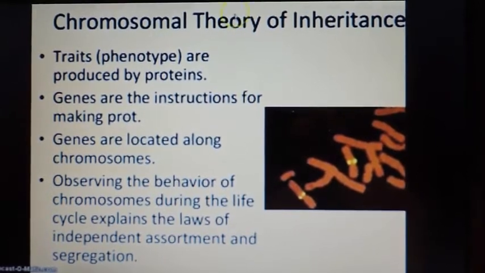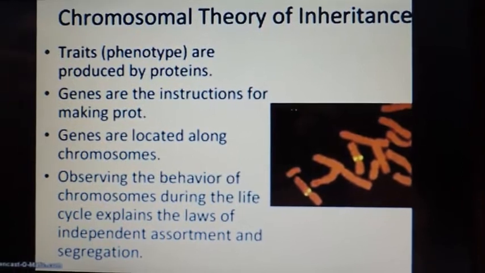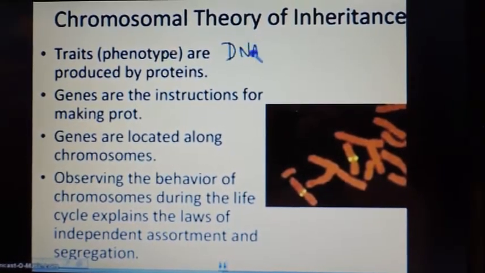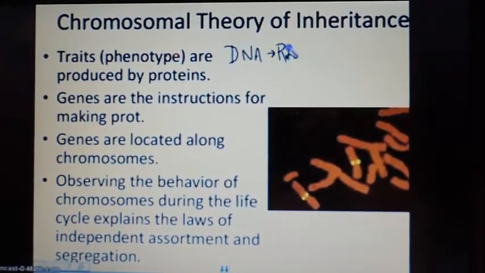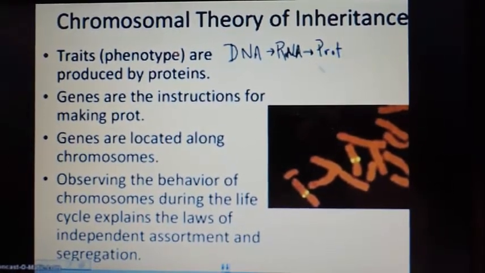Now, we know through the central dogma that genes are the instructions for making proteins. So, thinking of the central dogma, we ultimately take this information and use it to make the proteins that build and operate our body.